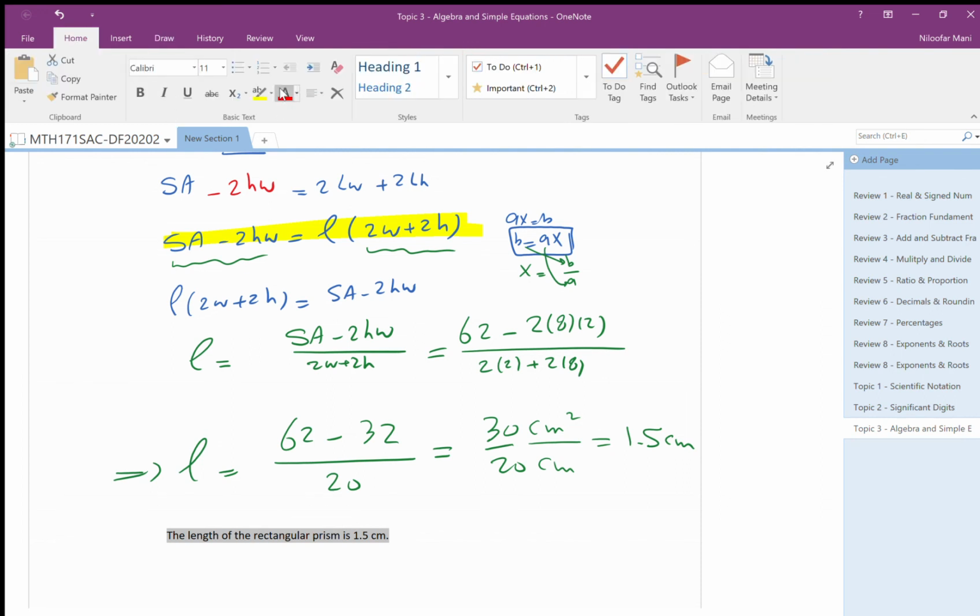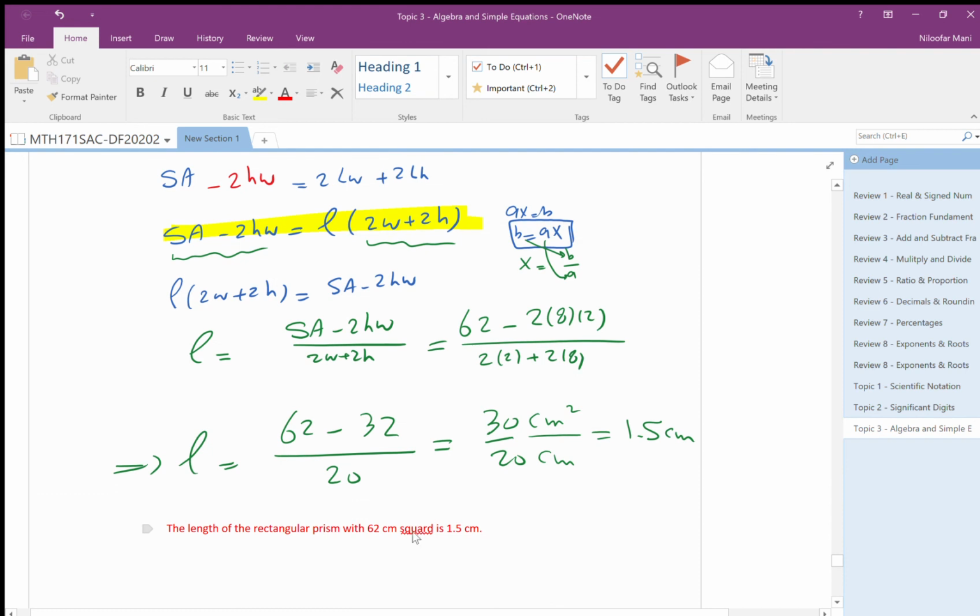If I want to make it complete, I have to say, for example, the length of the rectangular prism with 62 centimeter squared surface area and 8 centimeter height.